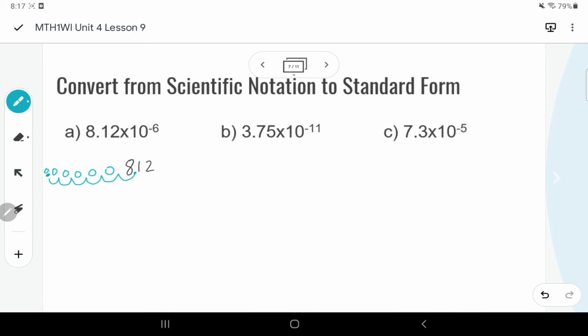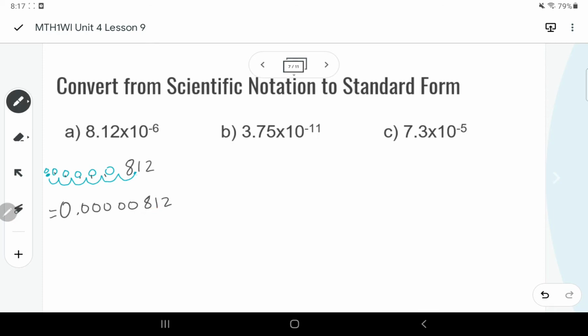And I could put a 0 before that too. So it would be 0.000. So 1, 2, 3, 4, 5. 8, 1, 2. And you can double check, is that 8 steps? 1, 2, 3, 4, 5. Whoops, sorry, not 8, 6 steps. 1, 2, 3, 4, 5, 6 to go back to where it started.